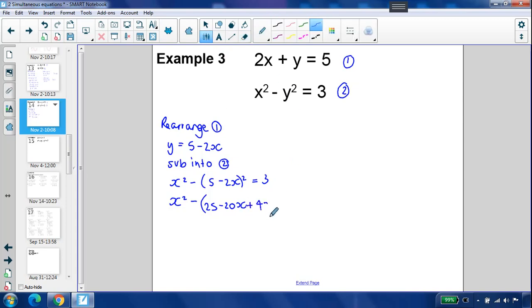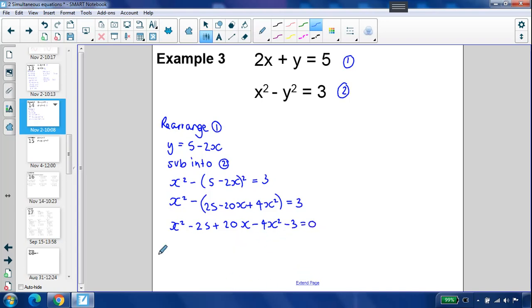Positive 4x squared, and that's all equal to 3. Now I'm going to multiply by minus 1. So I'll have x squared minus 25 plus 20x minus 4x squared. And I might as well minus that 3 over so I have everything on the other side to collect.